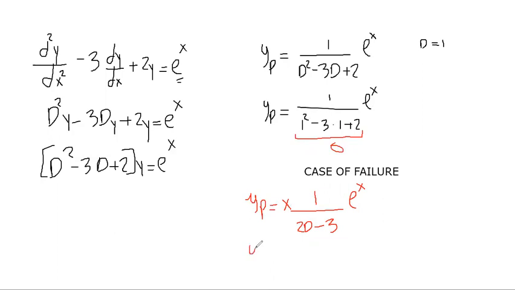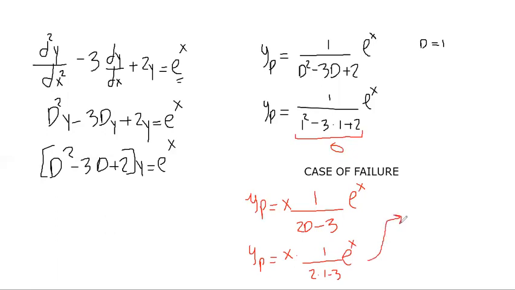So our answer for yp is going to be equal to x multiplied by 1 over, remember that d is equal to 1 because we have a 1 here. So we're just going to do the direct substitution now. So it's 2 times 1 minus 3 of e to the x.